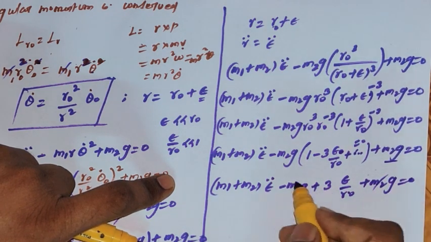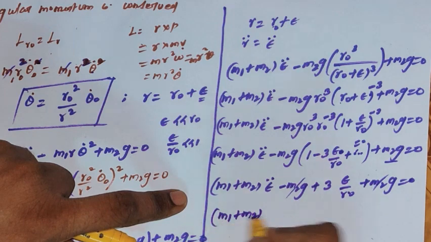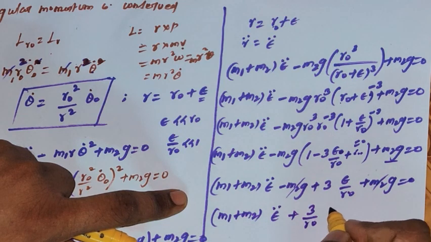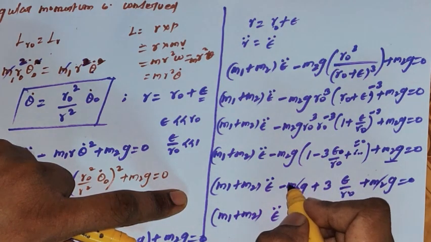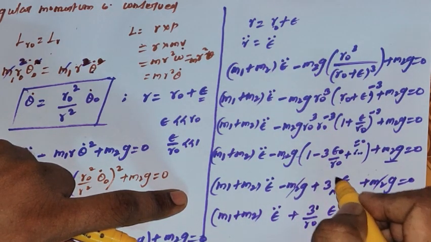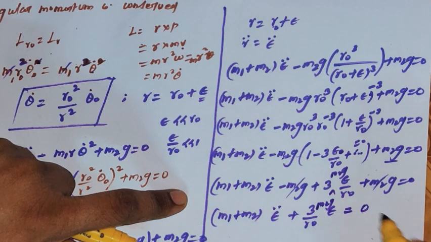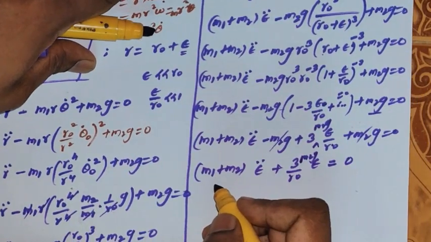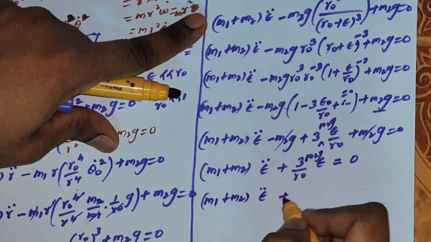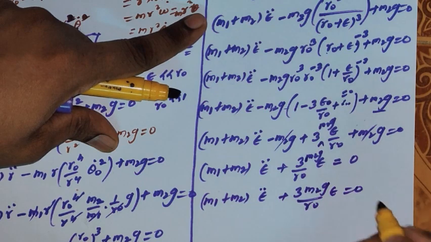You can cancel this m2g minus m2g, hence we have (m1 plus m2) times epsilon double dot plus 3 m2g by r naught epsilon equal to 0. You can rewrite it in a clear manner.